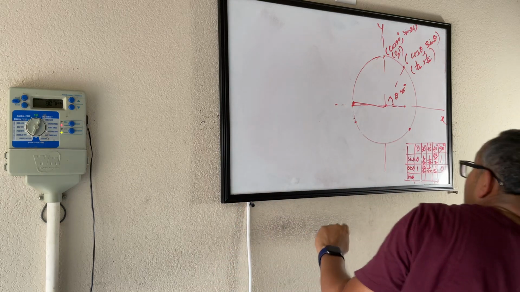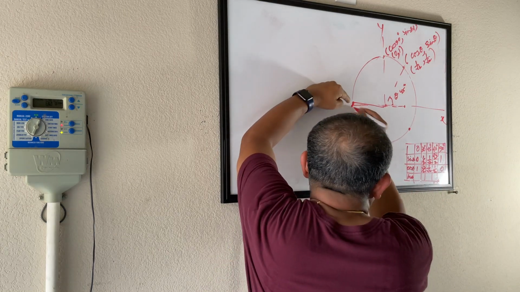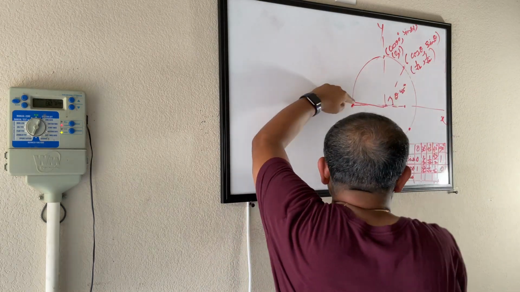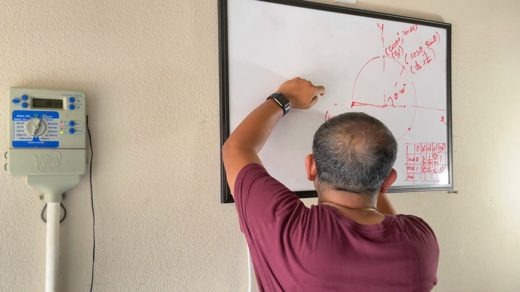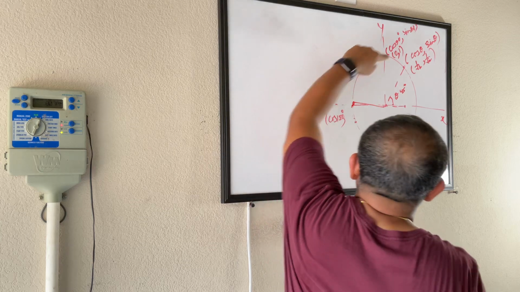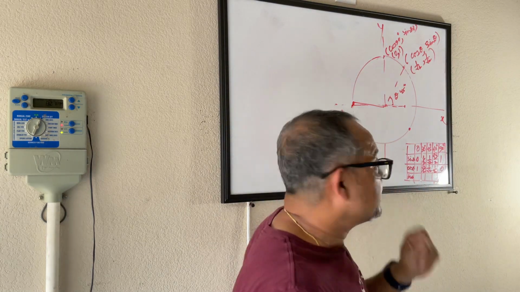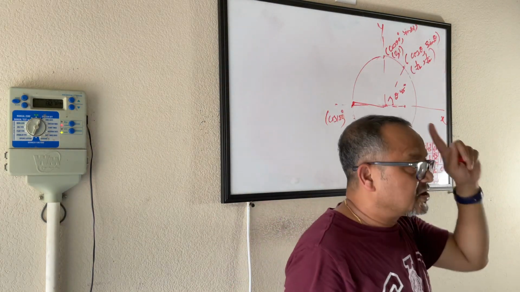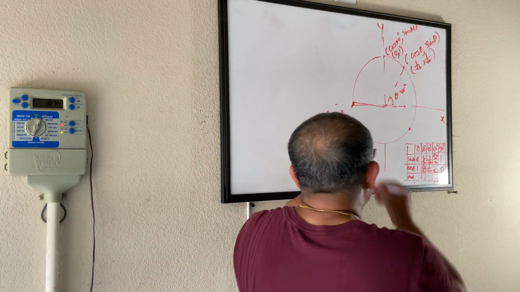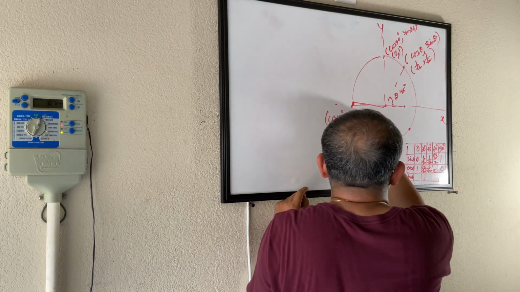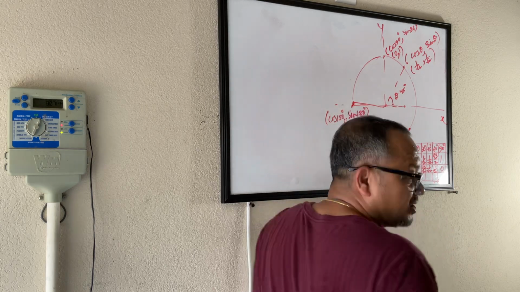So here, when this makes 180 degrees, what will this point's coordinates be? My unit circle theorem says any point on the perimeter will be cos of that angle as the x coordinate and sine of the angle as the y coordinate.